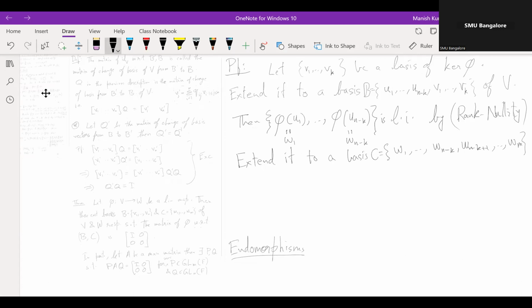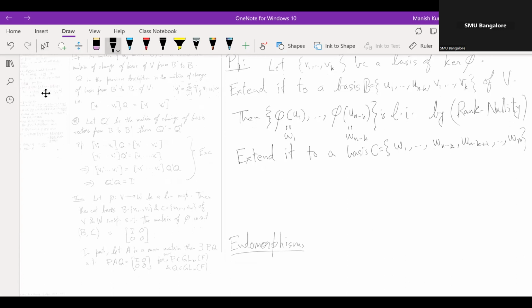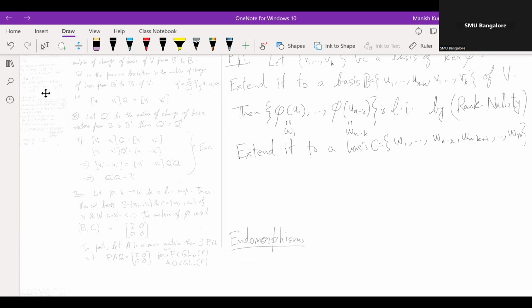So we have found our B and C. Now if you think about it, the matrix of phi with respect to B and C, what is it?